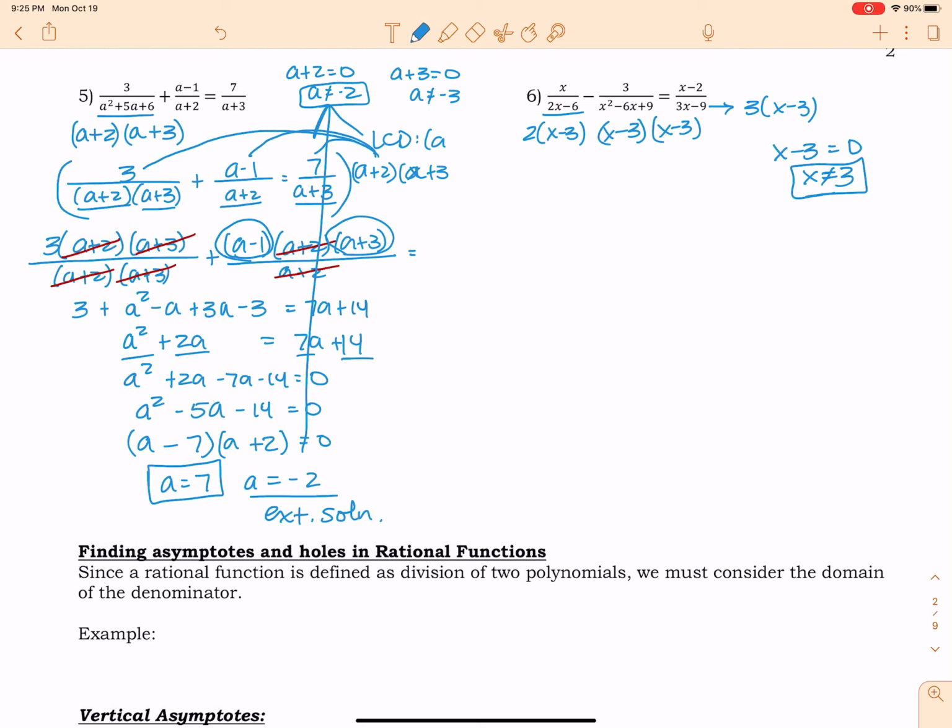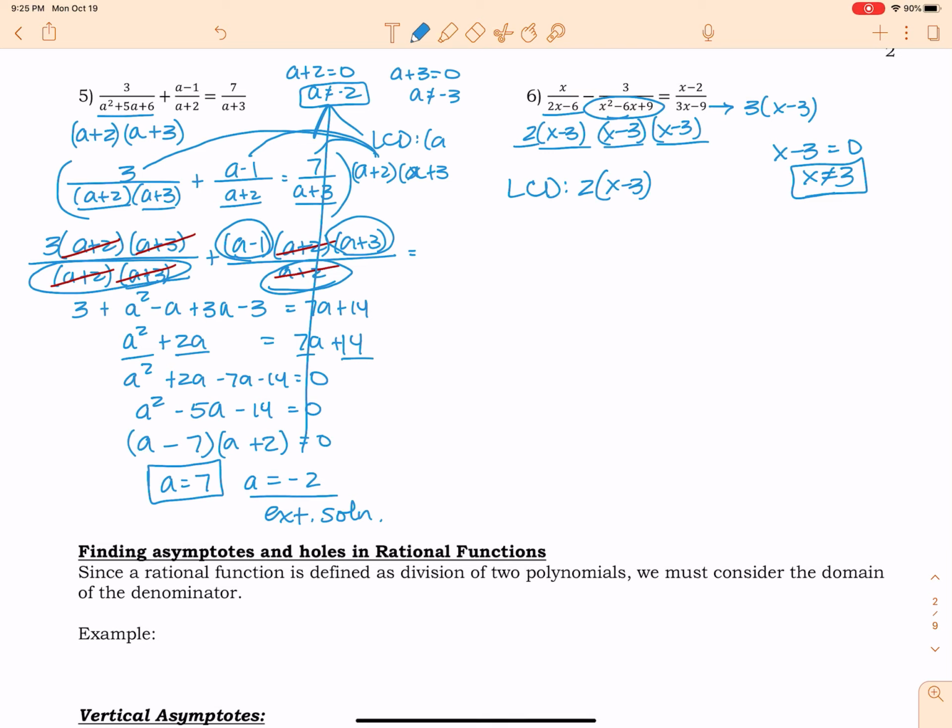So my LCD, we have to look at our LCD here. Our LCD must contain a 2. It must contain an x minus 3. It must contain another x minus 3 because this whole denominator has 2 of them. Remember, our goal, right back over here, remember we had to make sure we got rid of the denominator.